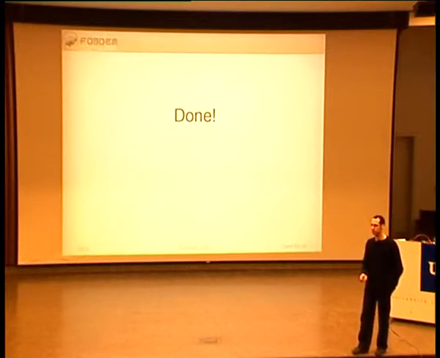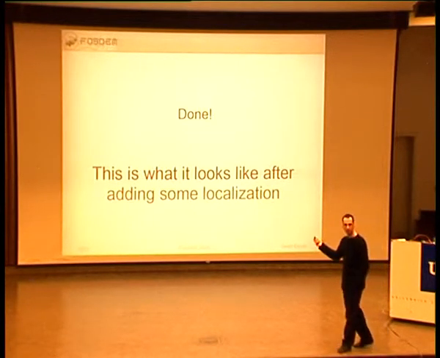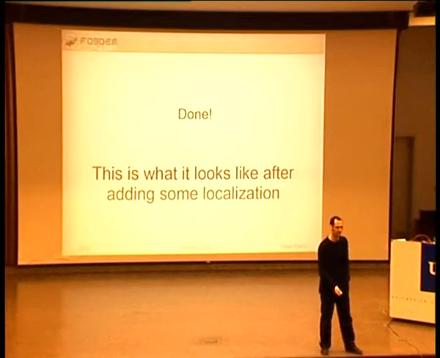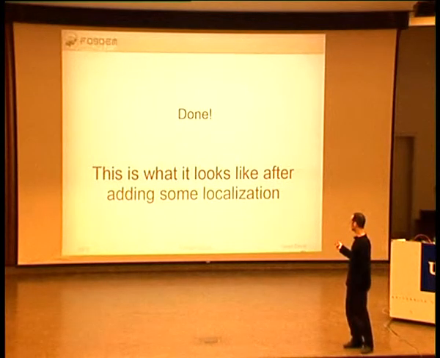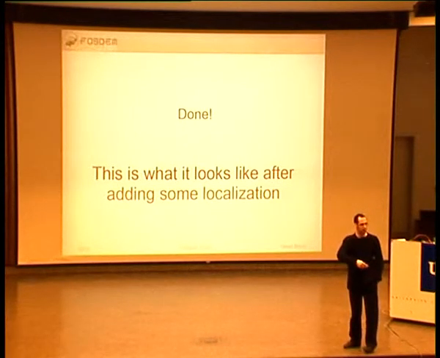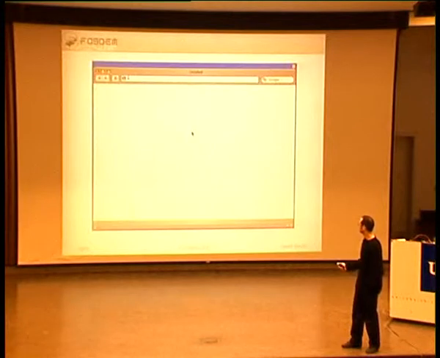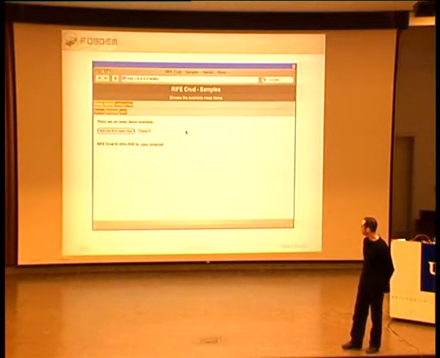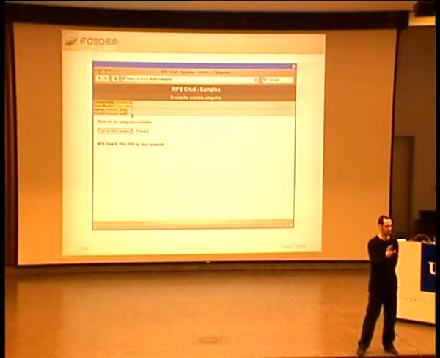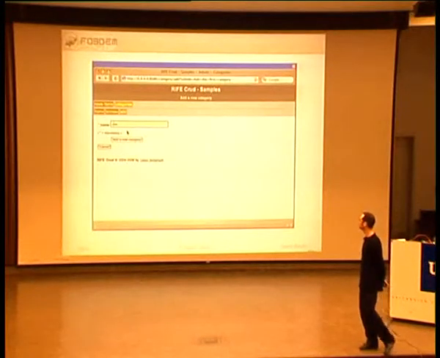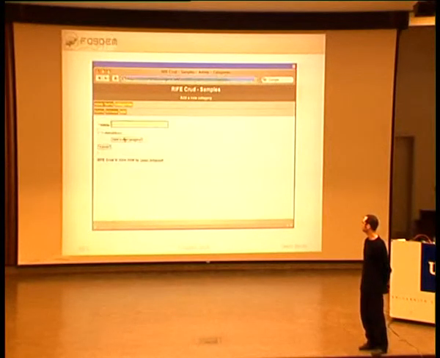So I added some localization. I haven't shown here what it looks like because we're out of time. But after adding some property files, regular Java property files saying this key corresponds to that, I get this. So this has been totally generated by just putting these two domain models in a site structure.